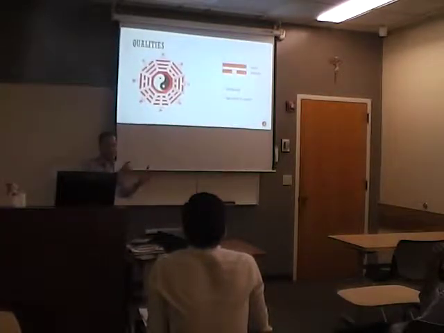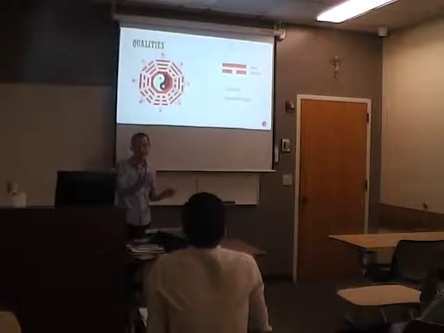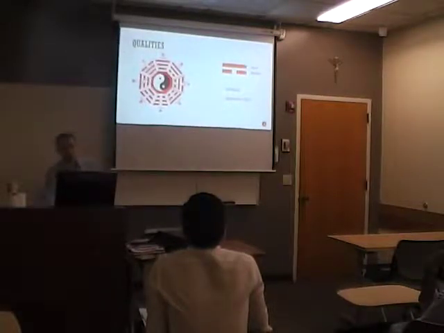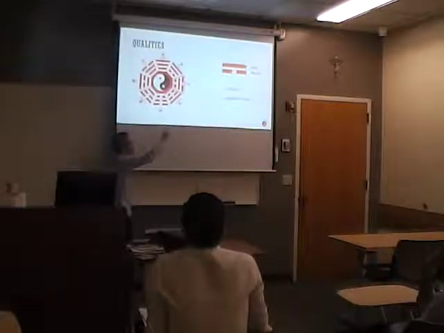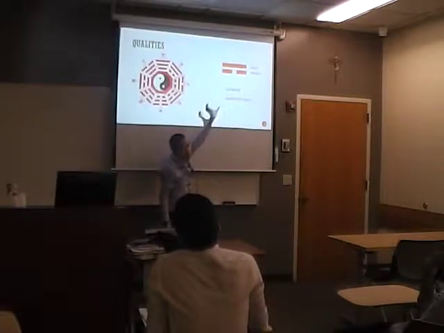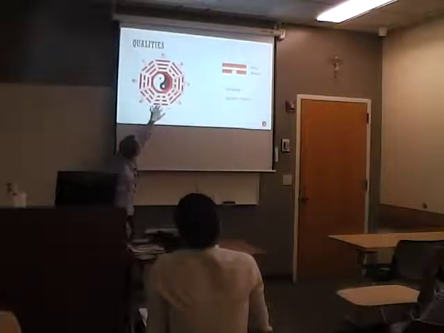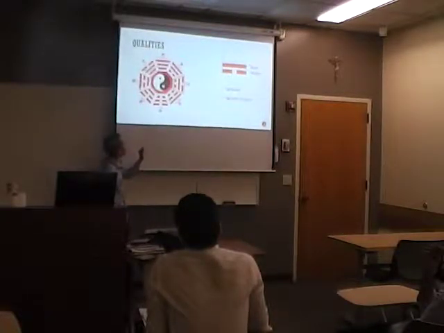Each bar can be in two states: male or female. Female has a little gap, and male has none. Look here, we have eight trigrams.